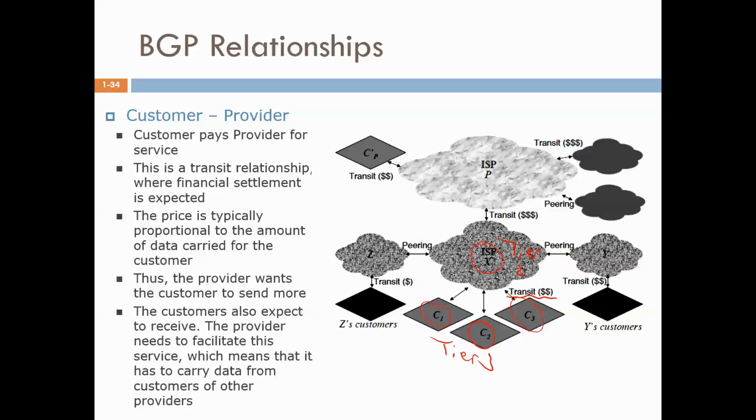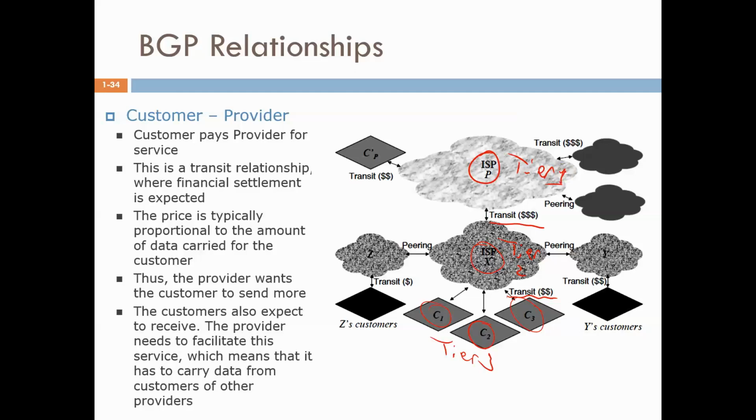When Tier 3 wants to make the transit agreement with Tier 2, it involves money. When Tier 2 wants to make this agreement with ISPP, which is Tier 1, it involves a larger amount of money. So every step up the hierarchy involves more money being paid. When Tier 2 wants to be a customer of Tier 1, it also has to pay money.